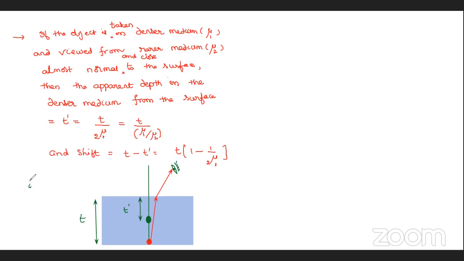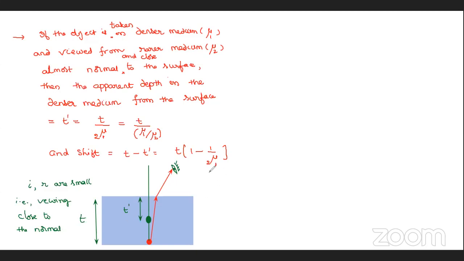Again I am writing here, angle of incidence and angle of refraction are small, that is, viewing close to the normal. T dash plus H, sir. H means height of the eyeball.